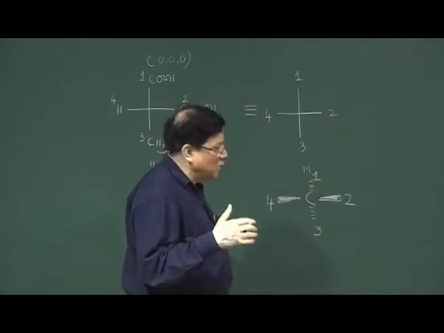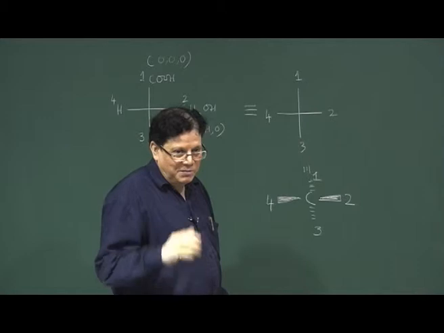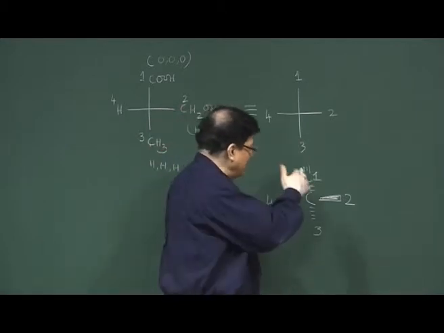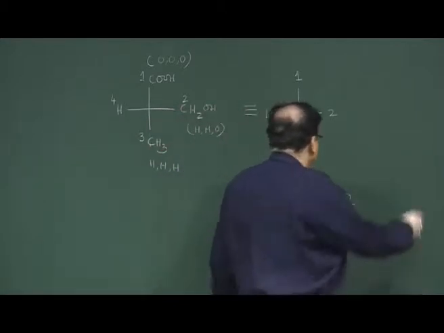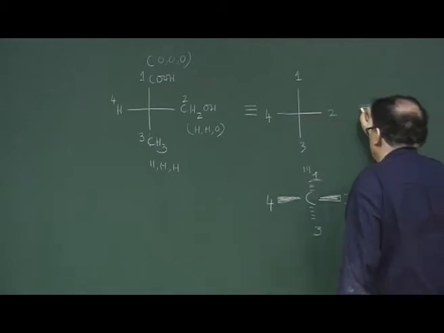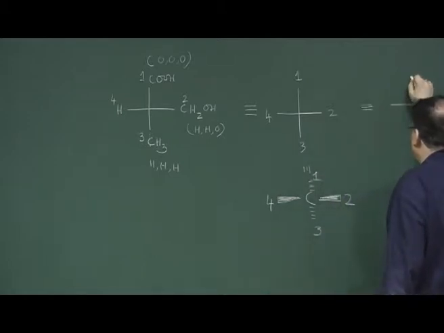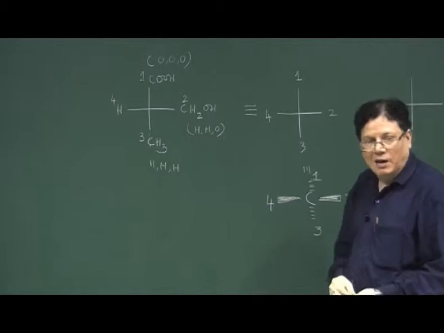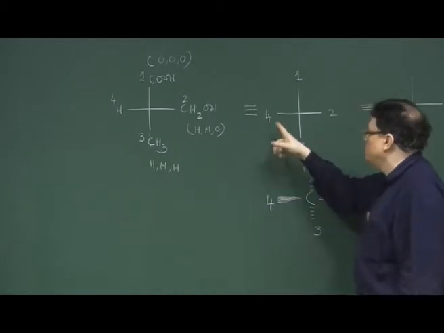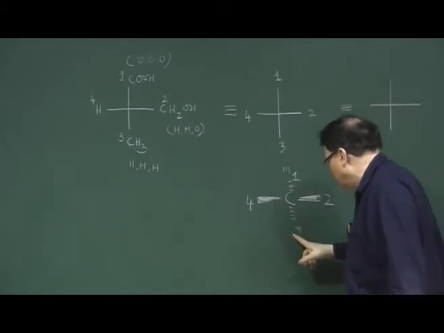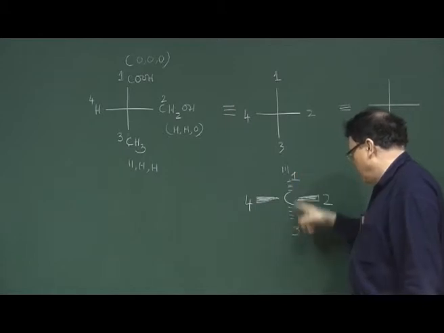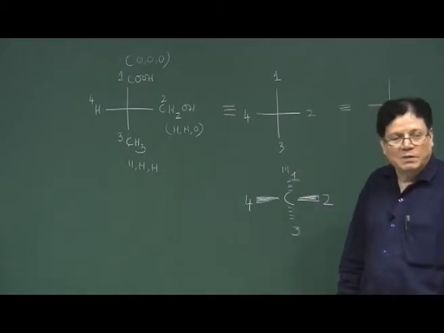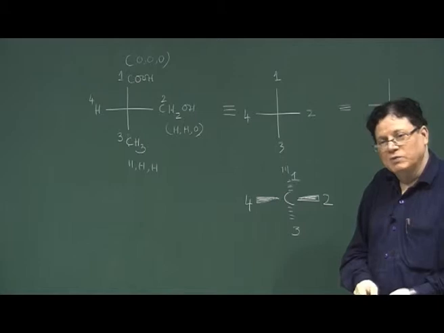Now, it is up to you what you want to do. There are different ways people can assign the RS configuration. Some people do it like this: you know that exchange in a group of 3 is allowed. So, what you need is to bring the 4th group into one of the vertical positions by exchange in a group of 3.